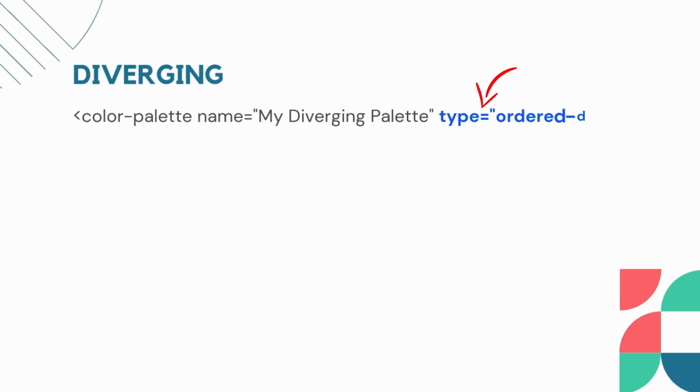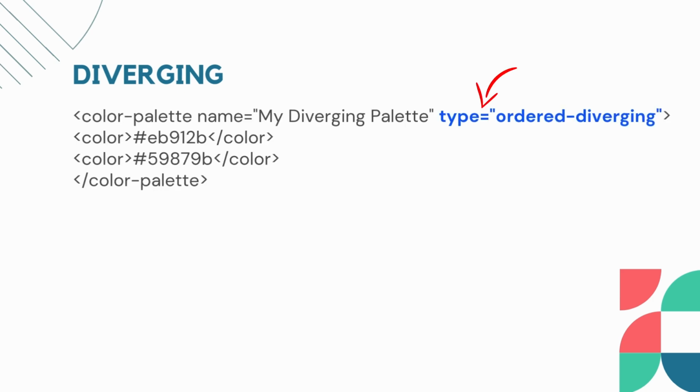Now finally coming to the diverging. Here the color palette tag, the type of it should be ordered-diverging. Since this is a diverging color, you only need the two colors of the extreme color palette, and that would suffice to create the entire hue that is needed for the diverging color.